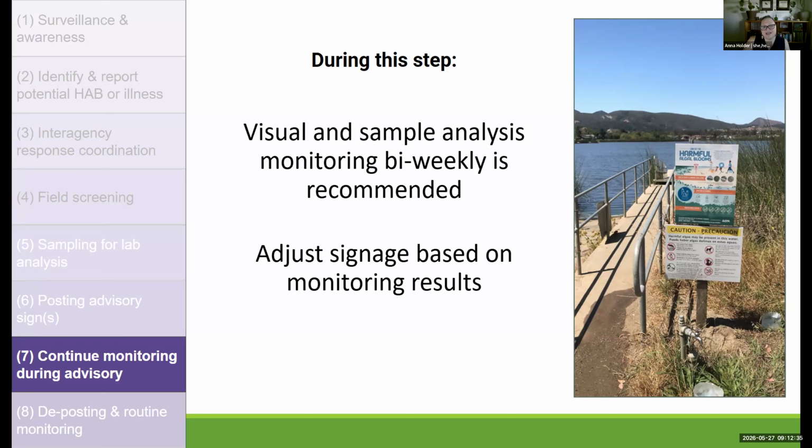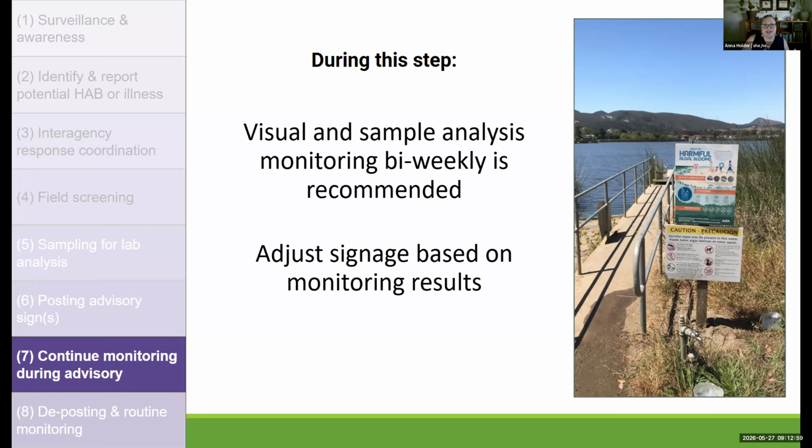The response process encourages surveillance prior to harmful algal bloom formation, just kind of like standard baseline monitoring, and continues once the HABs are present. And then it's important to monitor harmful algal bloom conditions over time, as they can be pretty dynamic and can become more severe before dissipating.